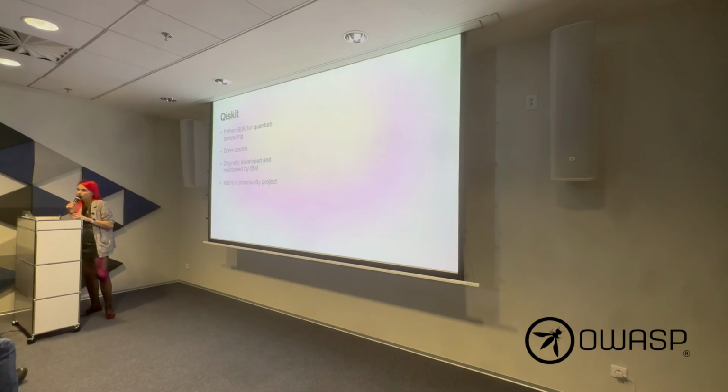The software to operate this quantum hardware is called Qiskit. It's a Python SDK and it's open source. It was originally introduced by IBM. Certain parts of the Qiskit SDK are still maintained by IBM, but it's mainly a community project, because it's open source and mainly maintained by the community, not by IBM as a company.